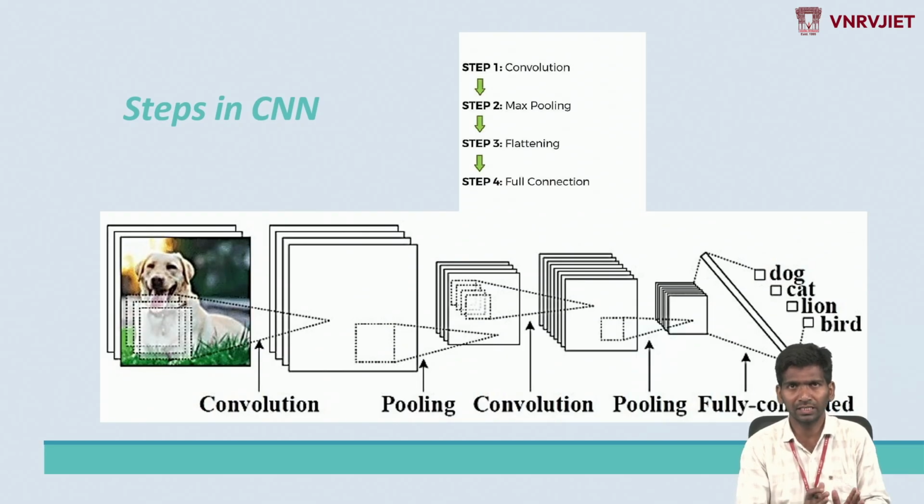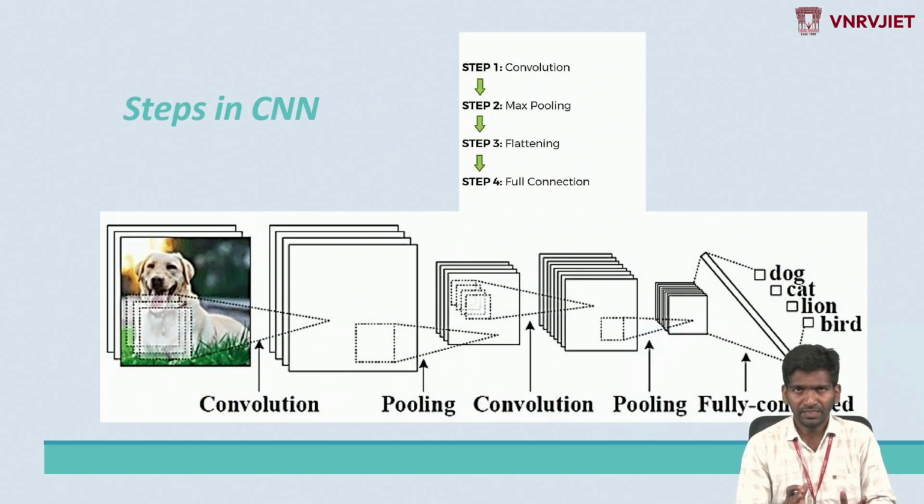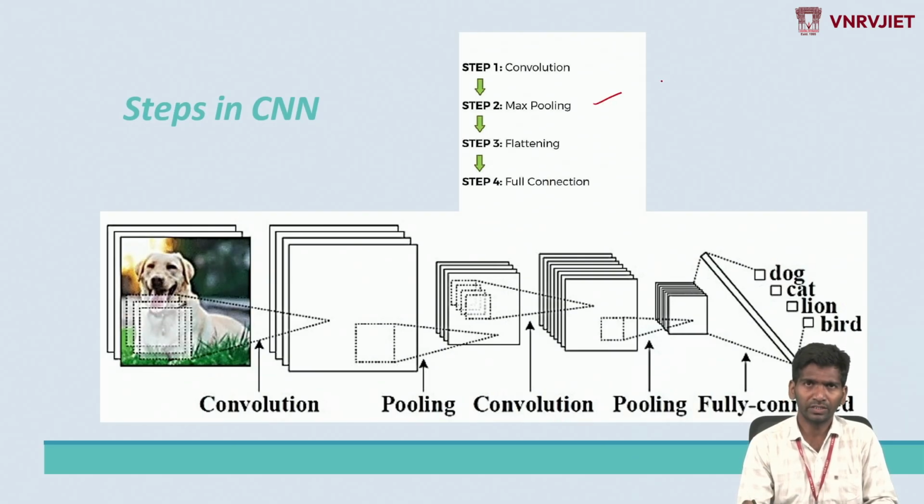How are the convolutional layers formed, and how can one extract convolution? Then the second step is pooling. So what is pooling, what are the different types of pooling, when to apply a particular type of pooling, and what is the most widely used pooling technique, we will see. This is the second step.